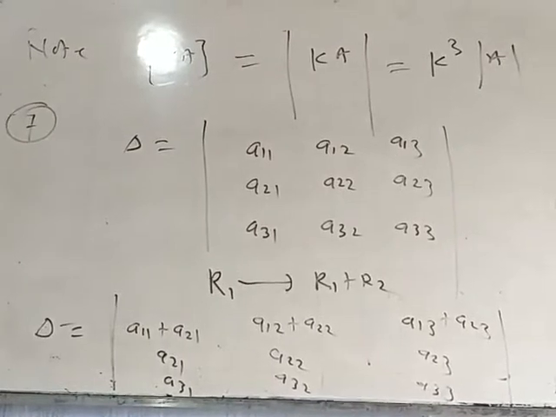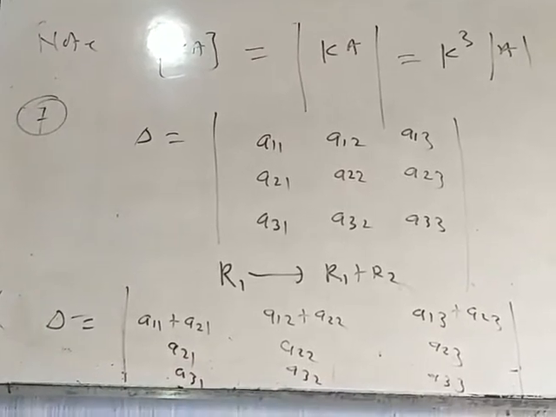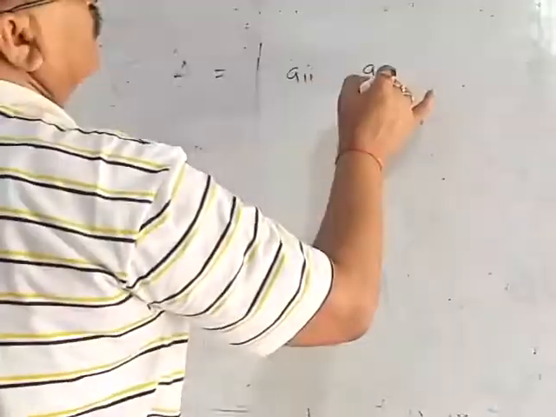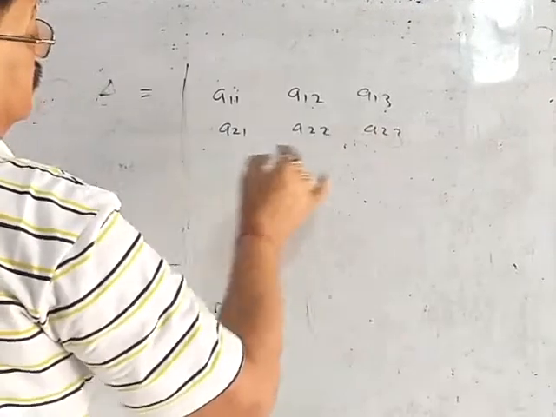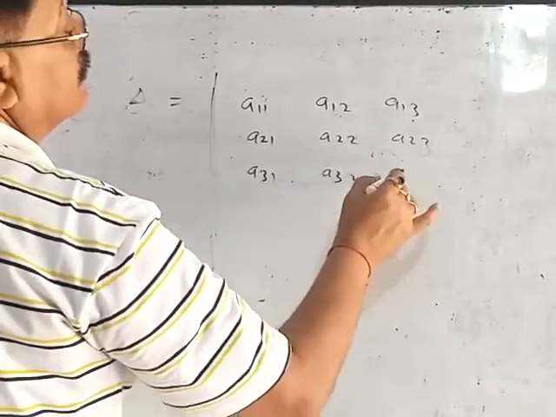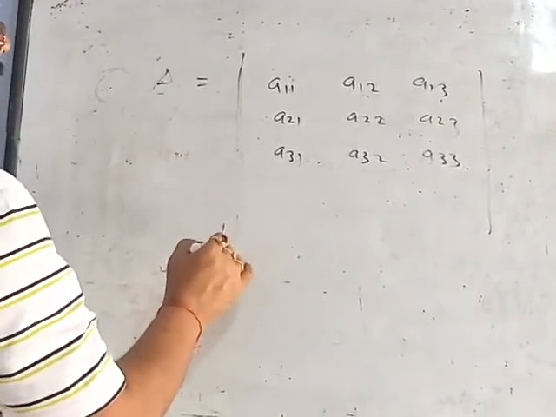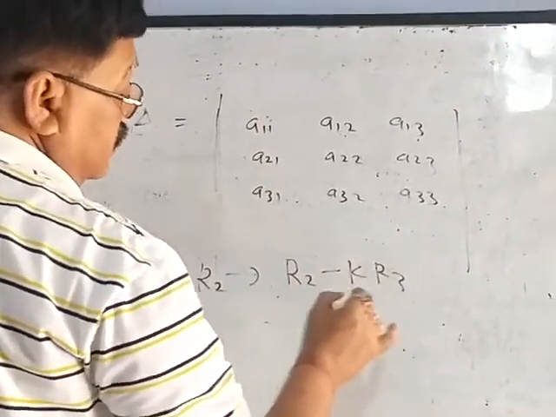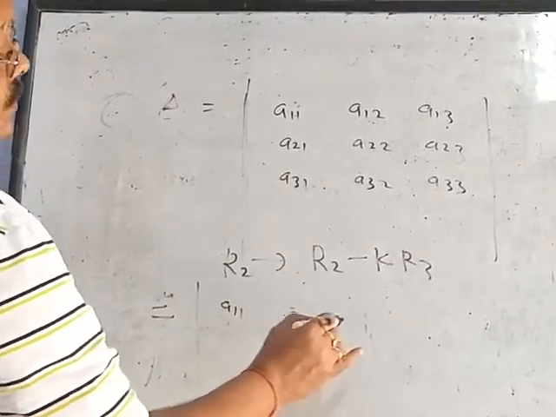Also, we can subtract. Suppose a determinant A11, A12, A13. As per need we can do R2 changes into R2 minus kR3. We do it in this way. The value will be the same. A11, A12, A13.